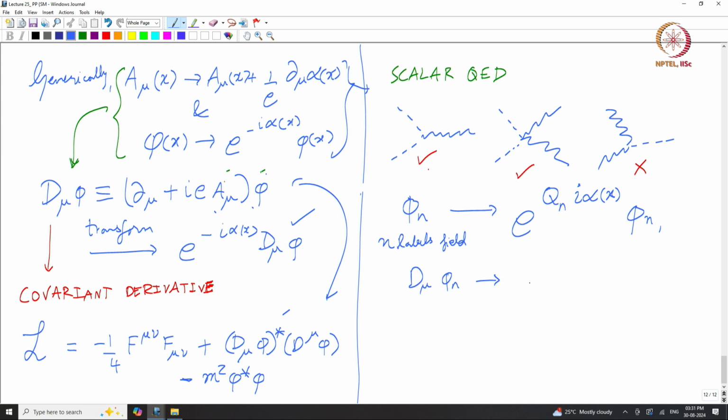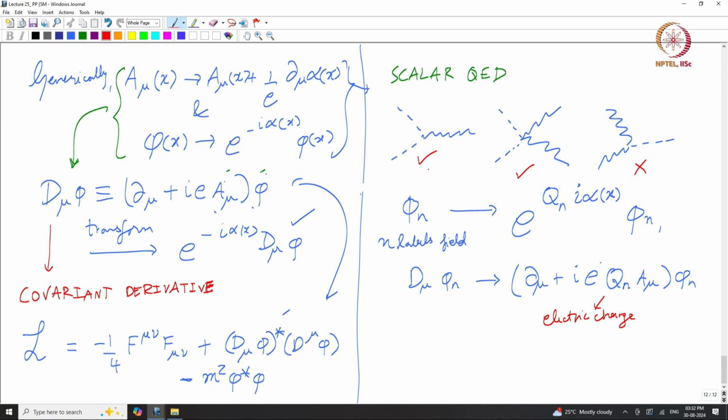And how to write the covariant derivative? That would just mean I have partial mu plus I e q n a mu phi n. Okay. So this is where electric charge comes from. So never get confused with electric charge and this E. This E is just the coupling constant.